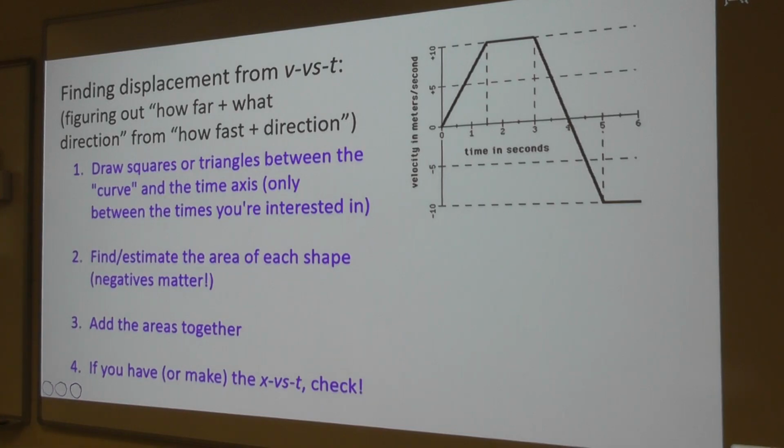So if speed is equal to distance over time, then if we multiply both sides of this equation by time, we should get something along the lines of distance equals speed times time.